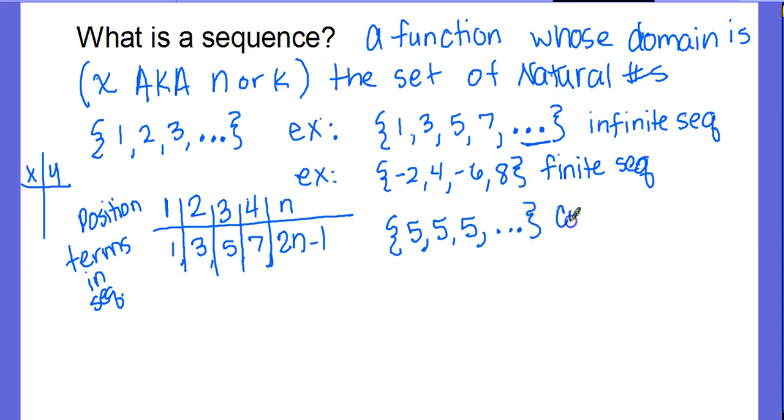We call this a constant sequence. There's no variable. Position 1 is 5, position 2 is 5, position 3 is 5. It's constantly 5, unchanging. There's your constant sequence.